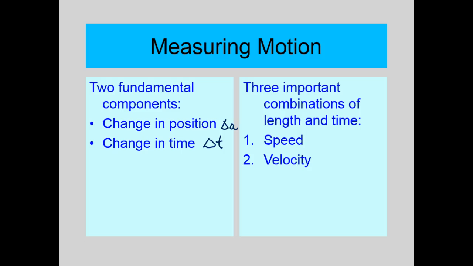So, here's the concept here. Scalar, just a number, that's what speed is. How fast are you going? Velocity, how fast are you going in what direction? Velocity is a vector quantity. So get this: speed, scalar; velocity, vector. They even start with the same letters. Not everything does that, but these do. So that's the difference in speed and velocity. Velocity involves a direction.